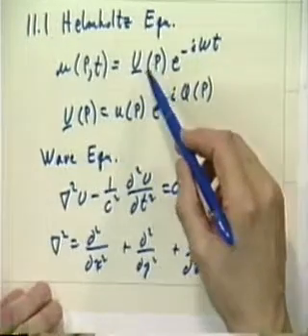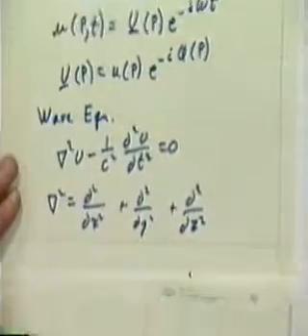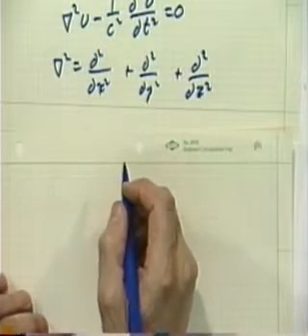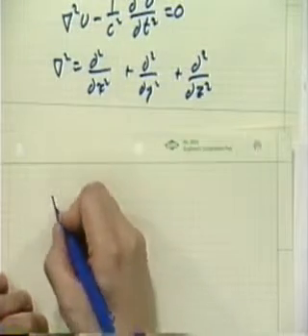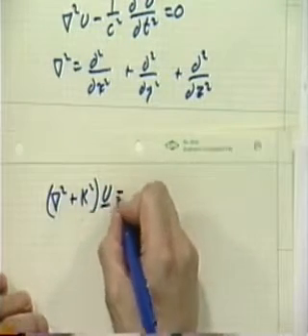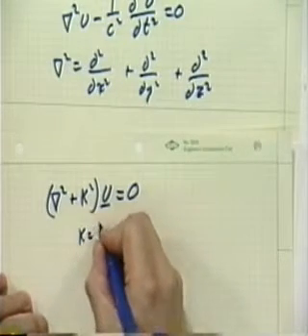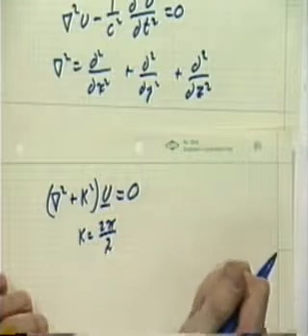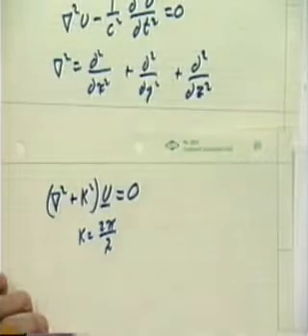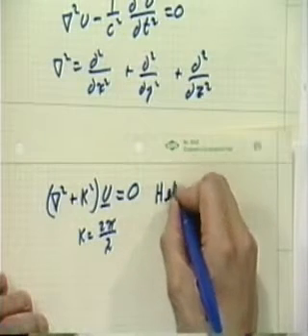So I'm only interested in the U of P. I'm not going to worry about the rest. And so we can plug that into the wave equation here. So slide it up. And we get that del squared plus k squared times U is equal to 0. And k is 2 pi over lambda. c is lambda nu, which is how we got the k squared. This is known as the Helmholtz equation.